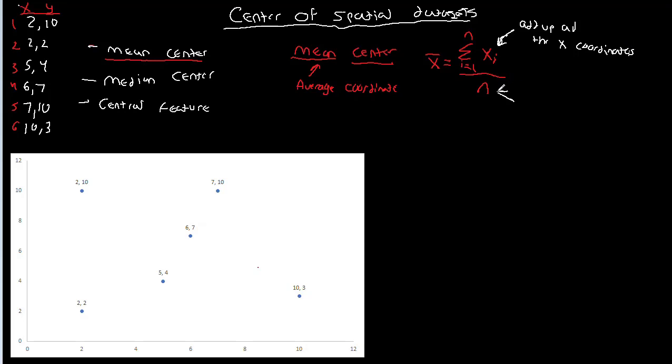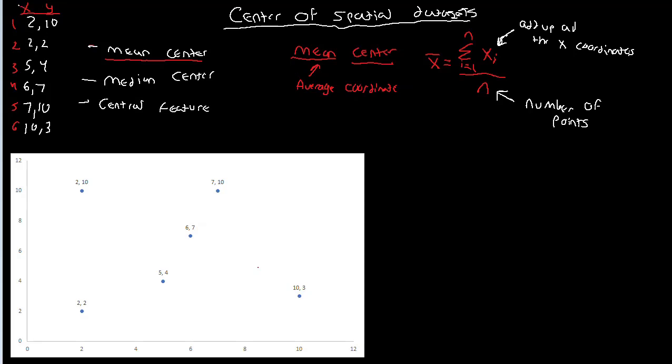This is exactly the same equation as we had for the mean for a normal number line, but now we're just applying it to the x coordinate of our data set.